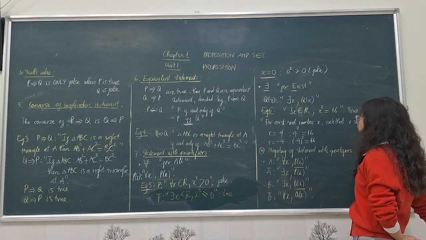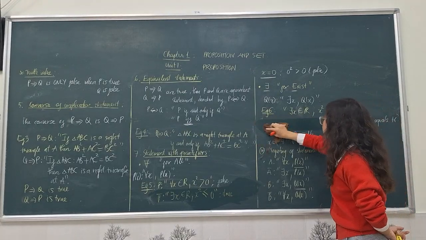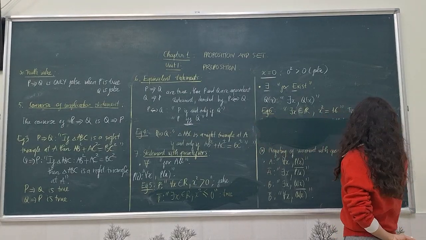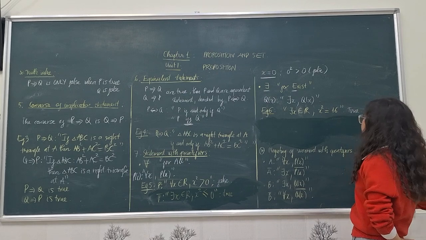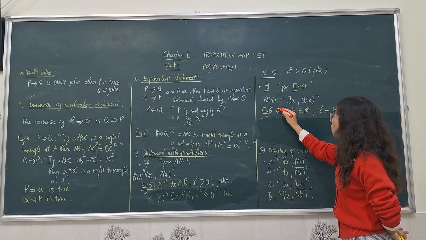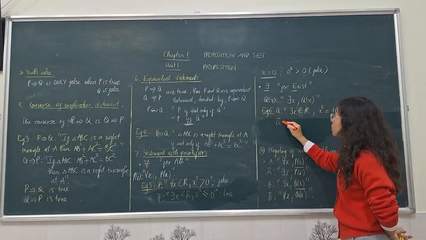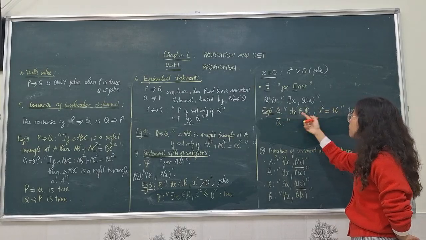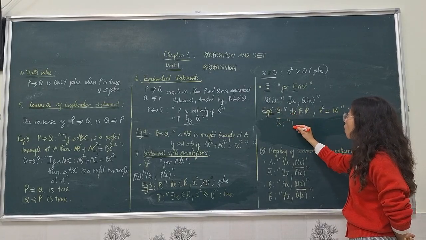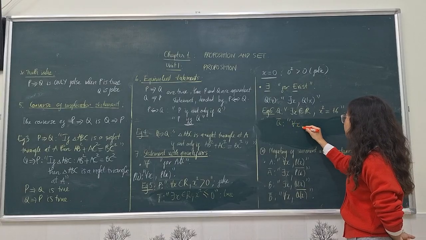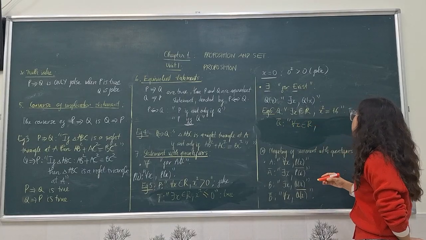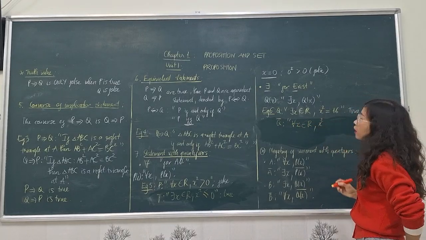And the last one, find the negation of the statement with the quantifier "exists." I call the statement Q. So not Q: the negation of "exists" is "for all." For all x belonging to the real numbers R, x squared is not equal to 16.